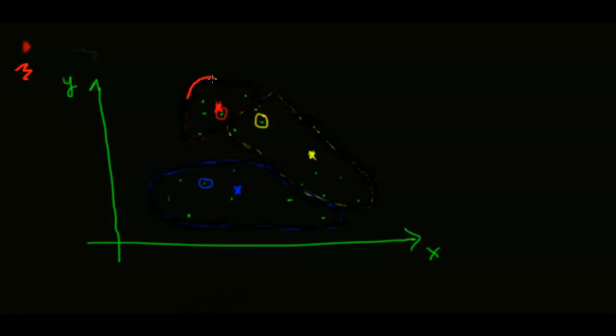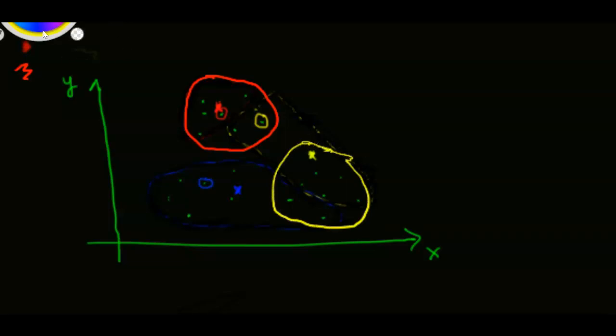Okay, so here looks like the ones that are closest to my new red one, right? And if I look at the ones that are closest to my new yellow one, I think I'm going to get these guys here. And if I want the ones that are closest to my new blue one, I'm going to get these guys down here.